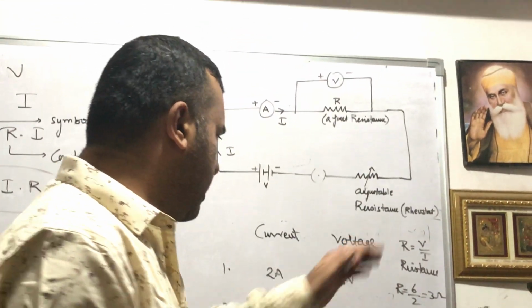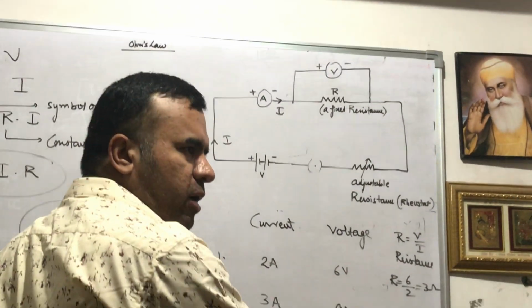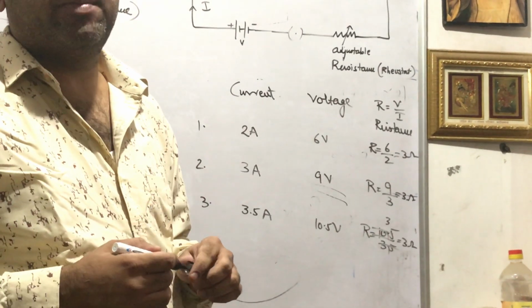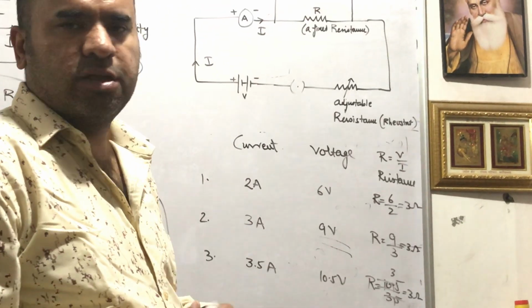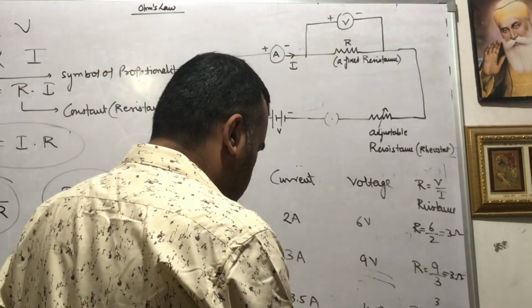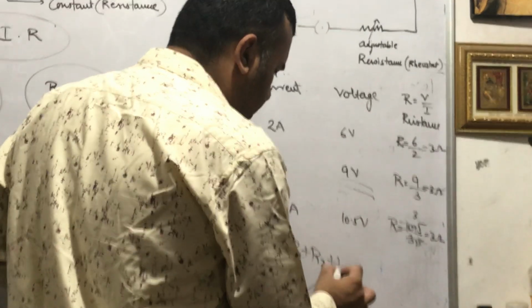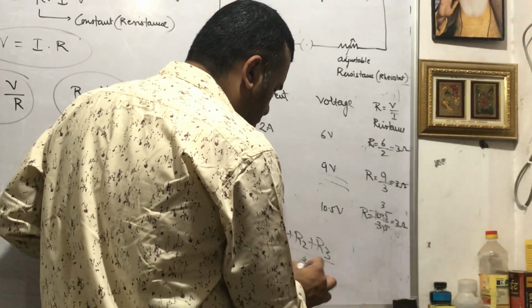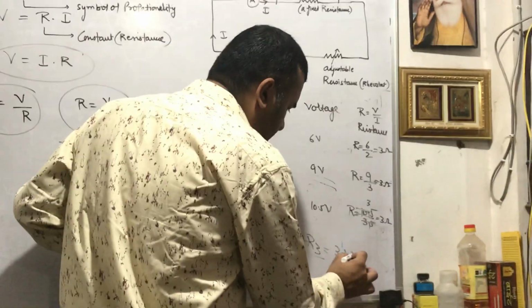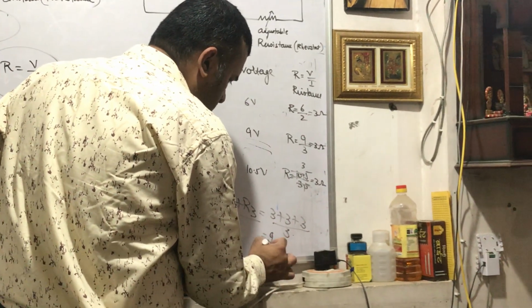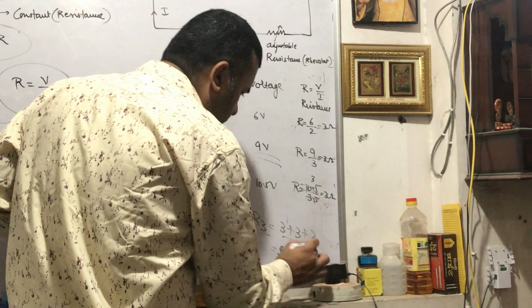You can calculate the mean of these three, but it is coming 3 ohm every time. So you can say resistance is constant, the value of resistance is 3 ohm. It is not necessary that it will come the same all the time. Sometimes you have to round it off, but take a minimum of 3 readings, my dear students. So the answer is 3 ohm.